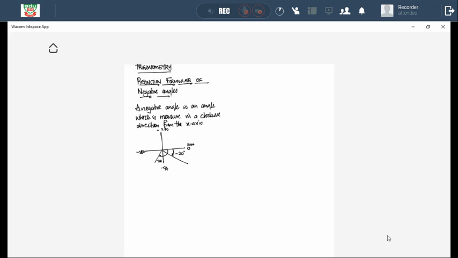Negative 200 is in the second quadrant. Negative 300 is in the first quadrant. All I'm trying to illustrate is that a negative angle is measured in a clockwise direction. So when you are positioning it, you go in the clockwise direction. Clockwise simply means the direction that a clock takes.